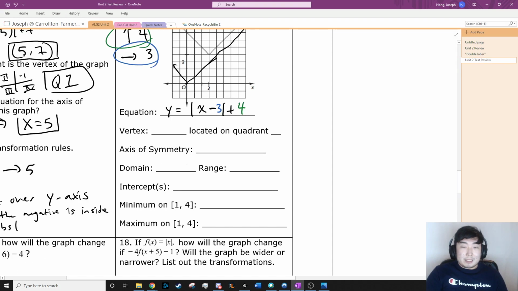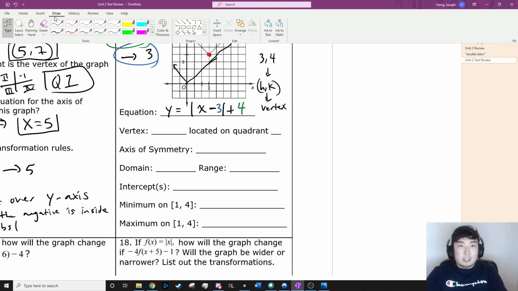So now it's going to be asking me attributes for this. Pretty simple, right? Because we know that (3, 4) is my h, k, which is my vertex. This thing right here is my vertex. And just to make sure that you see it, I'm going to draw it in red as well.